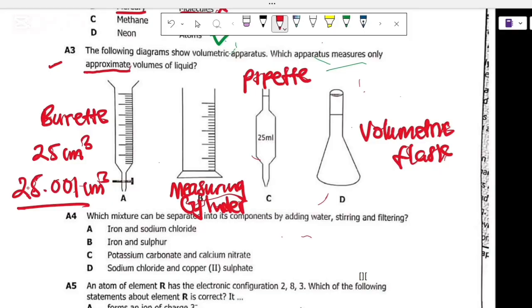But it can measure, for example, 25 cubic centimeters. It can measure 10 cubic centimeters, or 11 cubic centimeters, or 12 cubic centimeters. A measuring cylinder can do that. But when it comes to minor details where you have points like 25.0001 or 25.0005, a measuring cylinder cannot accurately measure that, because there is no indication on the apparatus that it can measure these points.